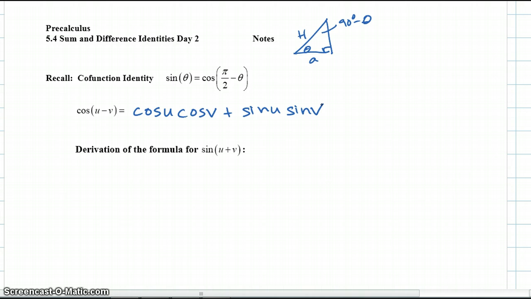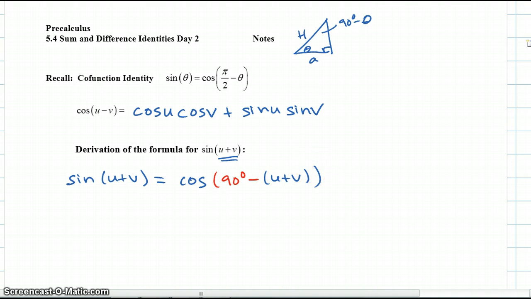If we use our cofunction identity, we can replace the angle u plus v. If I'm thinking of u plus v as being an angle, I can say the sine of u plus v is really equal to the cosine of 90 degrees minus angle u plus v.